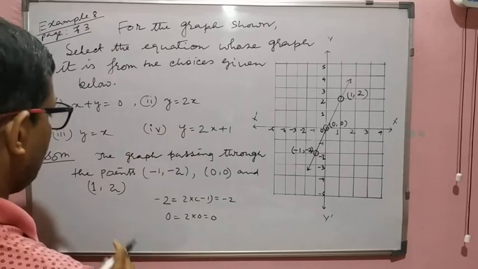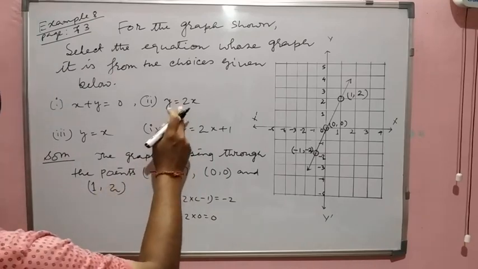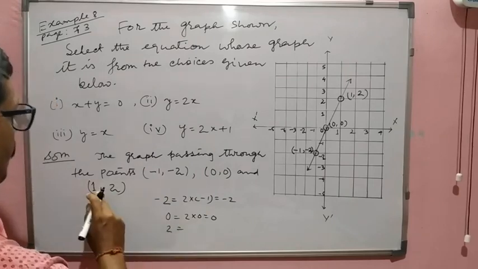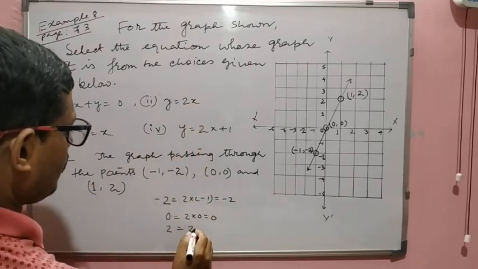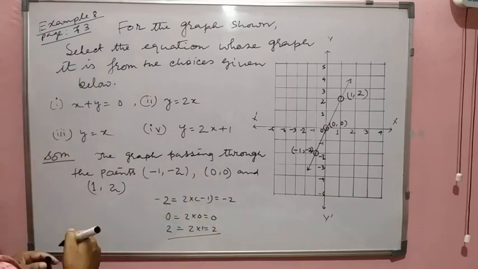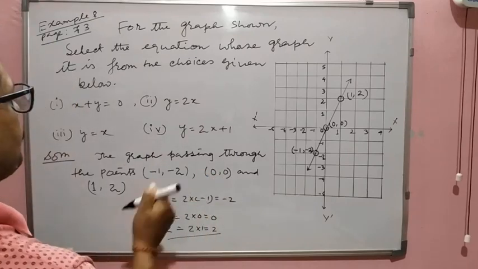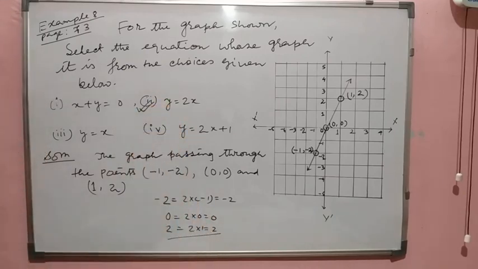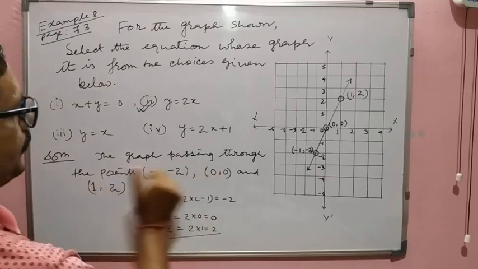Now 1, 2: the value of y is 2 and the value of x is 1, so it will be 2. Yes. This equation is satisfied by these 3 points.